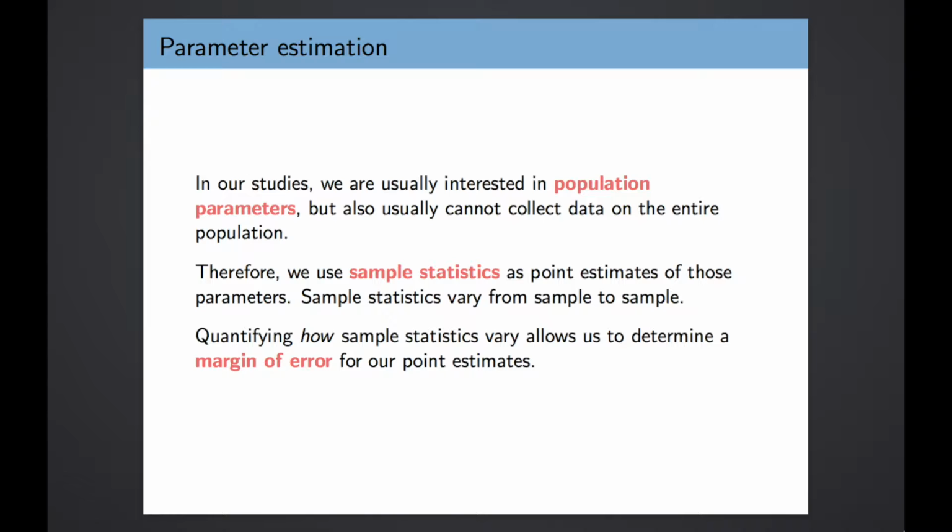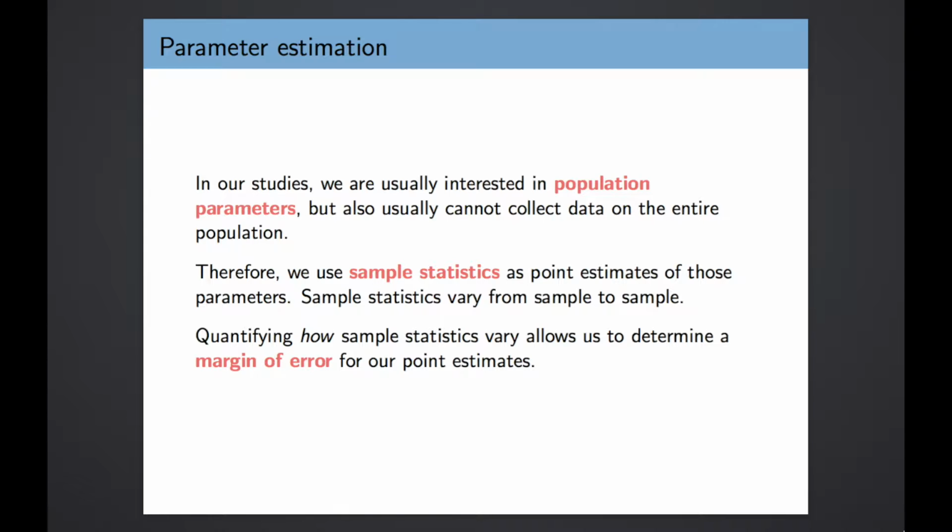In an earlier lecture, we talked about how in our research questions, we're interested in a broader population, but we usually are not able to get data on that whole population, and so we draw a sample. We're studying population parameters. Those are our objects of interest.